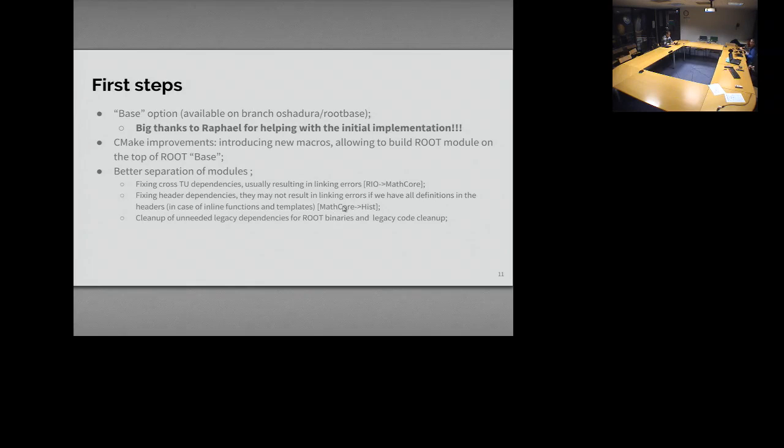We did some cleanup of unneeded legacy dependencies in root binaries, and also some legacy code cleanup. This process is actually interesting from the point of view of cleaning up the existing root implementation.